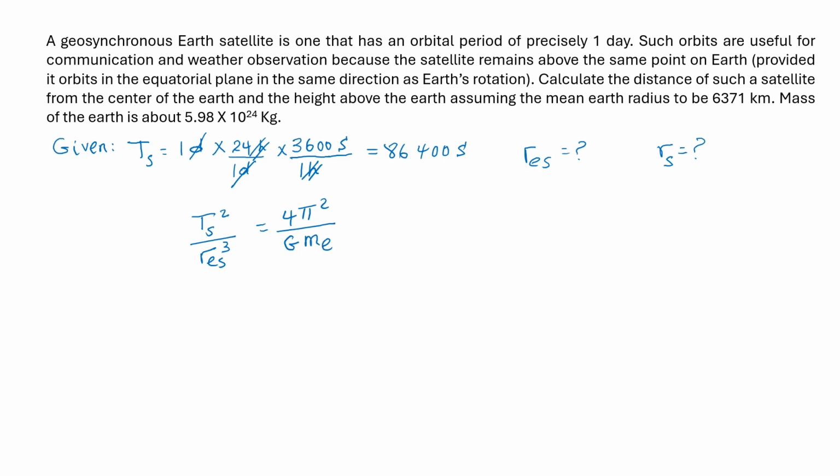So what else do we know? We know that the mass of the Earth is 5.98 times 10 to the 24 kilogram. And we know the mean radius of the Earth, 6,371 kilometers.